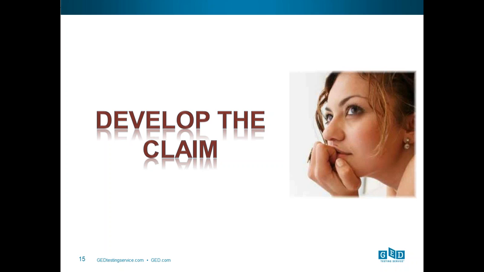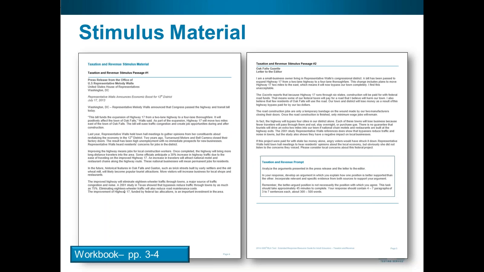That sounds good. When we make our thinking processes visible for our students in crafting that constructed response, first of all, we're going to use the same two source texts that we did in May. Very briefly, one is a press release from the office of a U.S. Representative, and one is a letter to the editor.